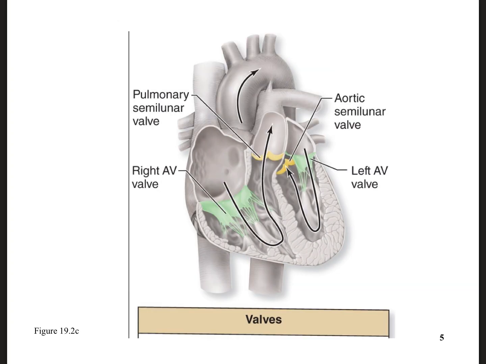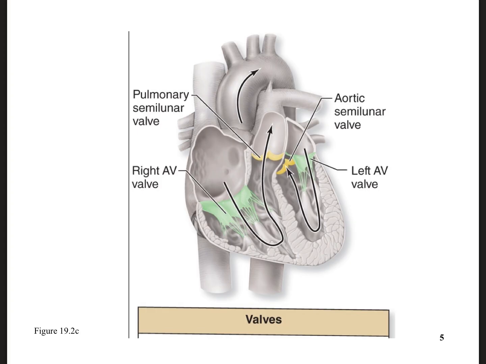Okay? You have two atrioventricular valves, or AV valves, one on the left, one on the right. The tricuspid valve on the right, or your right AV valve, and on the left is your mitral or bicuspid valve. Okay? Those valves prevent backflow of blood from the ventricle to the atrium.